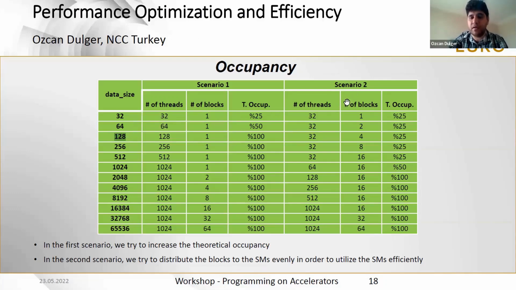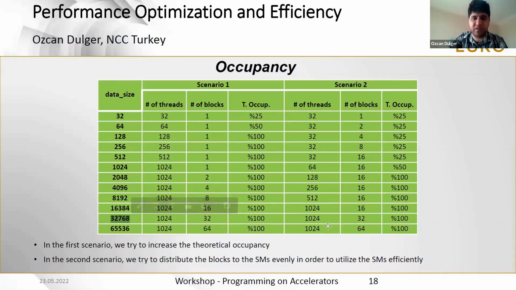For the second scenario here, we set the number of threads to 32 until the data size is 2^10. Then we double the number of threads as the data size doubles until the data size is 2^15.